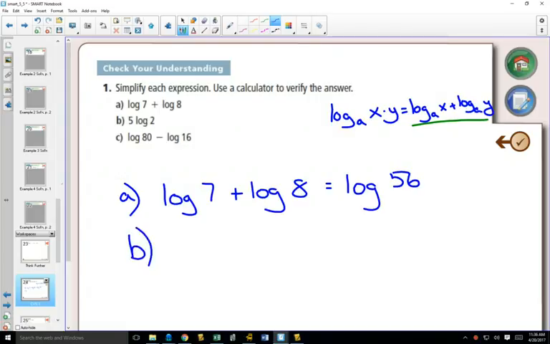Okay, B. We have 5 log 2. Now, another one on our formula sheet says that if you have, now I should use all the right letters. Did I use the wrong letters? Oh, they like to use capital M's and N's. So I'm going to match everything perfectly.